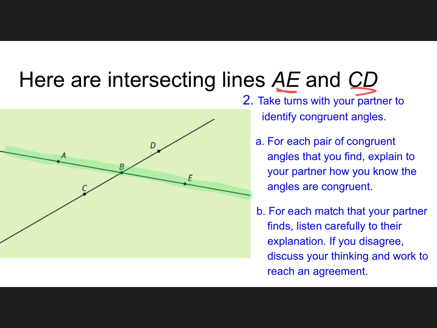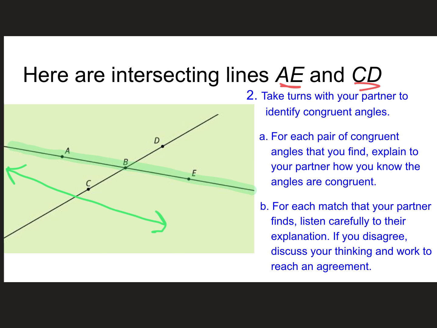Remember translation? Everything stays the same, it just slides. I'm going to translate it down here. Let me undo that. So here's my line. We're going to say that this is parallel because I just translated it, making sure my lines stay where they need to be.